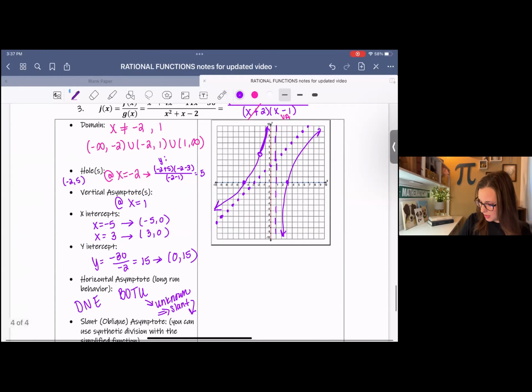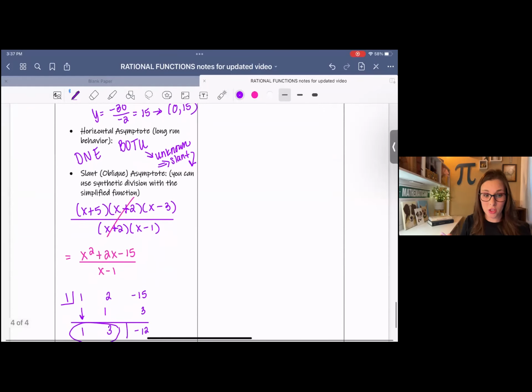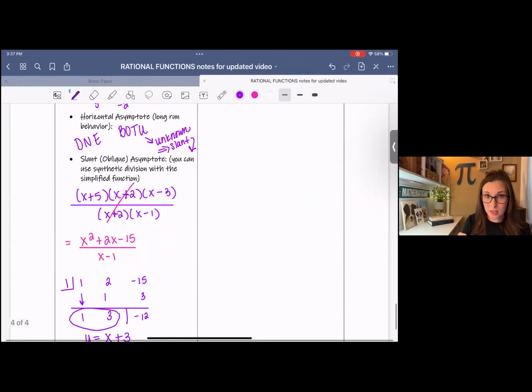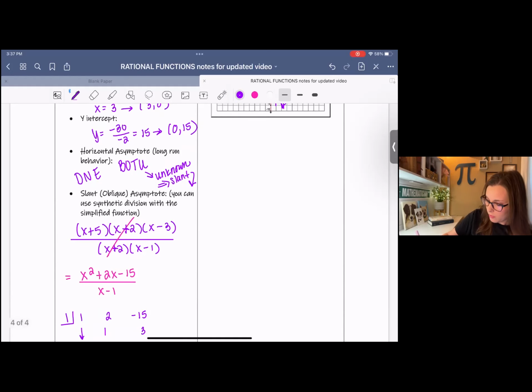And then I promised you that I would show you long division in case you didn't like the synthetic division. Long division is going to involve the original polynomial and the original denominator.